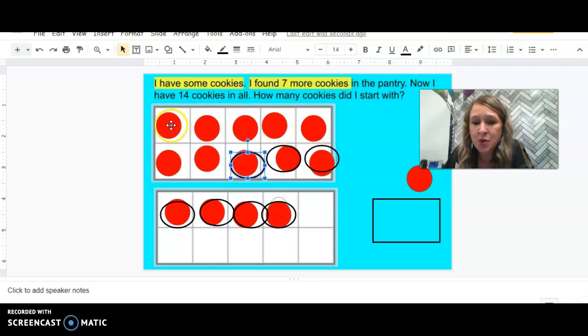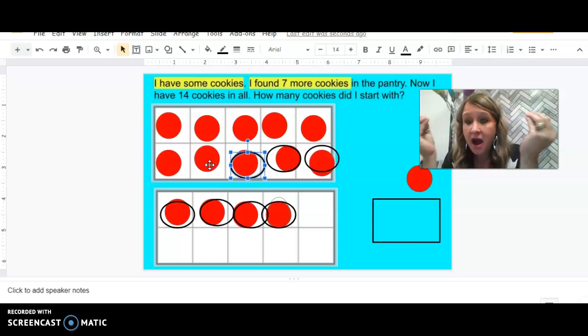Let's count. 1, 2, 3, 4, 5, 6, 7. I had 7 cookies to start with. Then when I found 7 more, I got 14. 7 plus 7 equals 14.